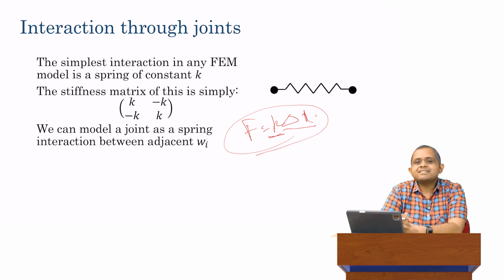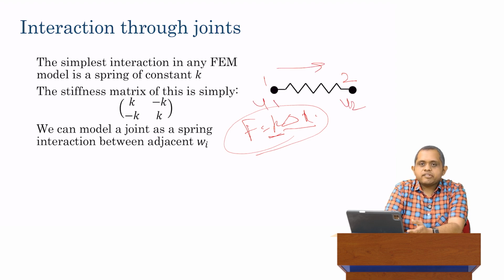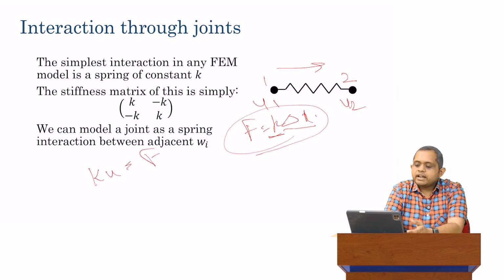What you may not have learned is the finite element approximation to this. In the finite element world, if we have a spring of two nodes, node 1 and node 2, each of them basically only has 1 degree of freedom. So we have U1 and U2. Then we can write this as Ku = F, where F1 and F2 are the loads at each node.